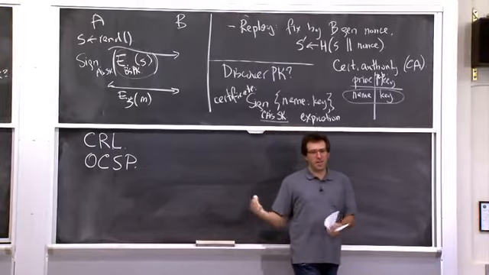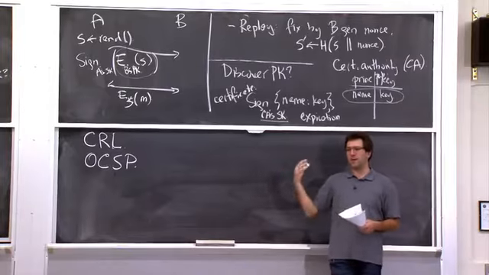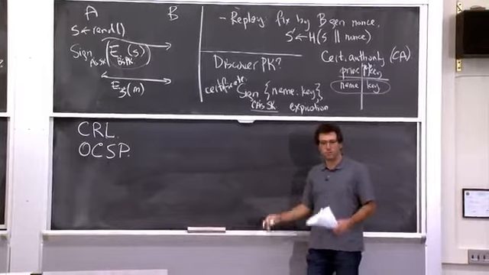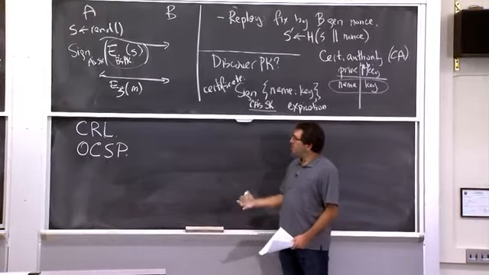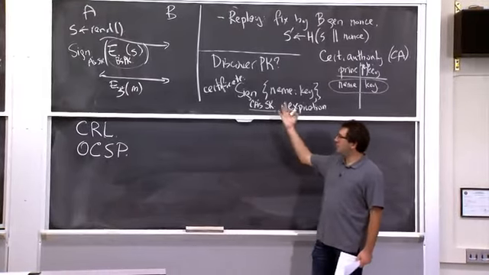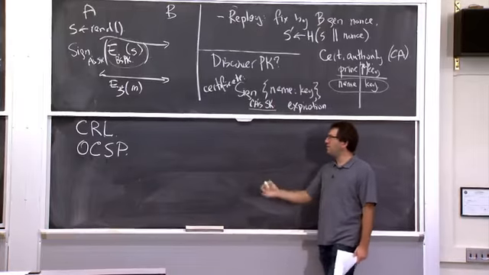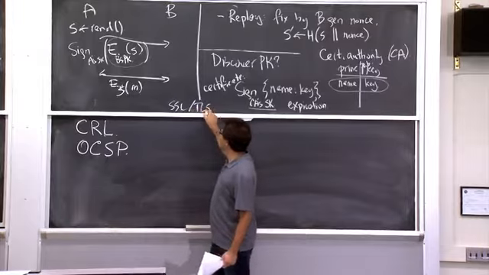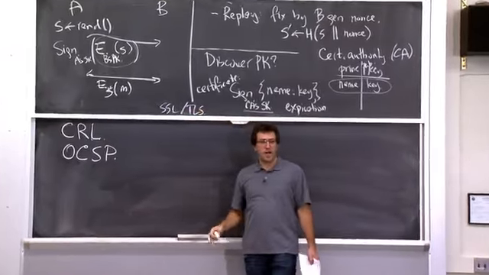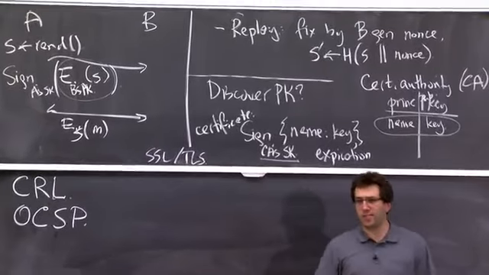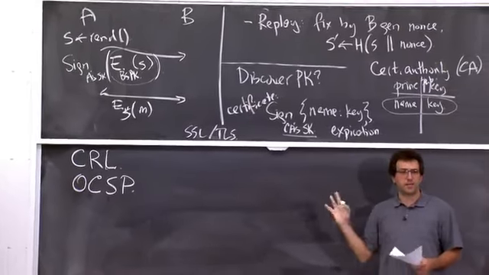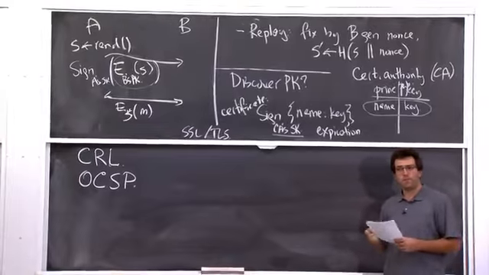But it might be a good idea anyway if someone is not actively mounting an attack against you. At least the packets later on will be encrypted and protected from snooping. So it's a bit of a shame that this protocol, SSL, TLS, whatever, doesn't offer this kind of opportunistic encryption. But such is life. So the server always has to have a certificate in this protocol. The client sometimes can and sometimes doesn't have to.